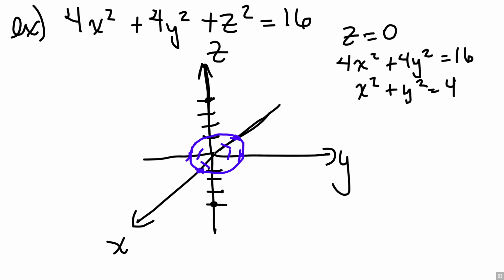So essentially what's going to happen here is that as z increases, what do you think is going to happen with the circle as the value of z increases? As we pick higher, bigger values for z instead of starting off at 0?